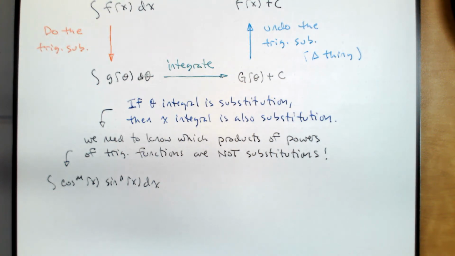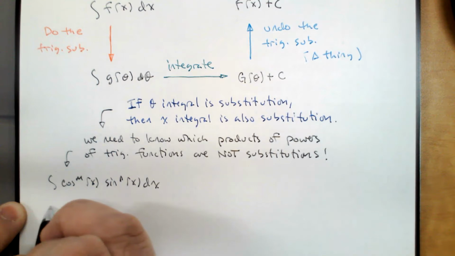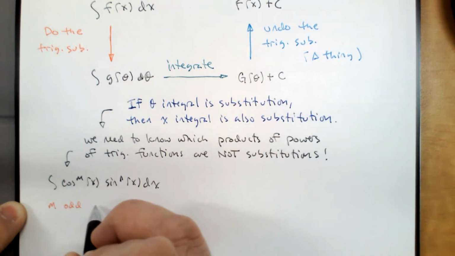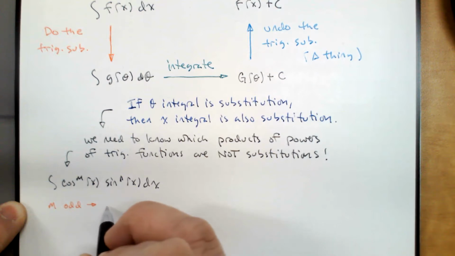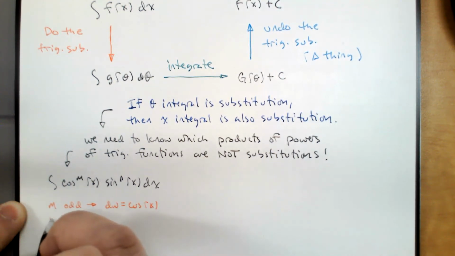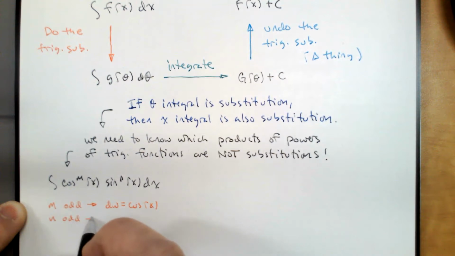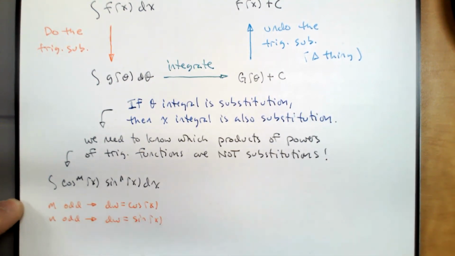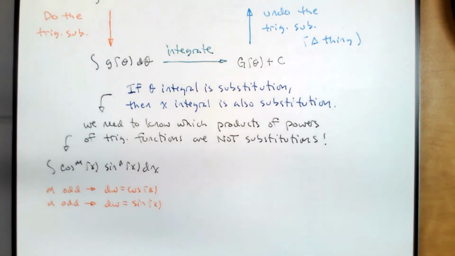Because remember, the substitution question is all about what's going to be my dw. So if m or n is odd, it's a substitution.